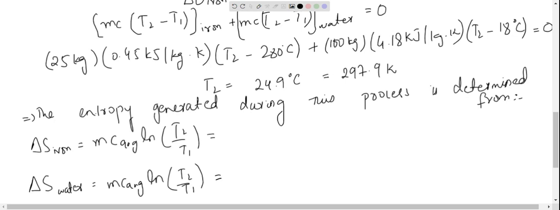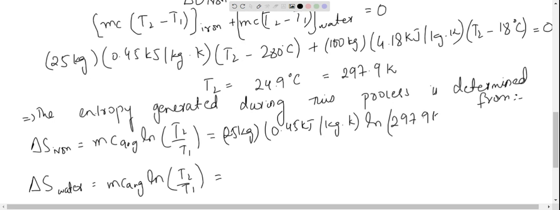So we put the mass m of the iron, that is 25 kg, given in the data, and the specific heat c of the iron, that is 0.45 kilojoule per kg Kelvin, and ln of T2, which we have found, 297.9 Kelvin, over 553 Kelvin.